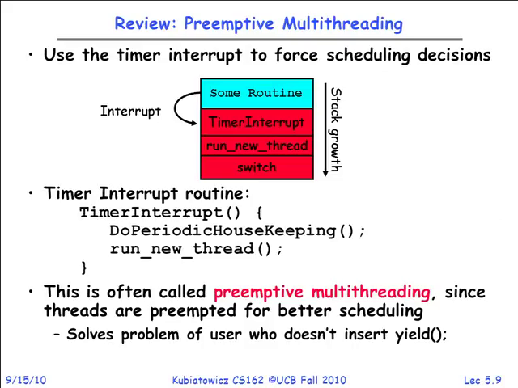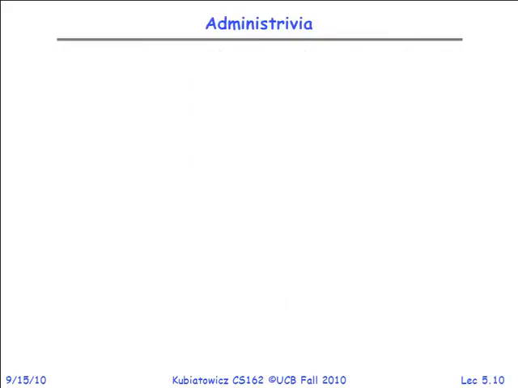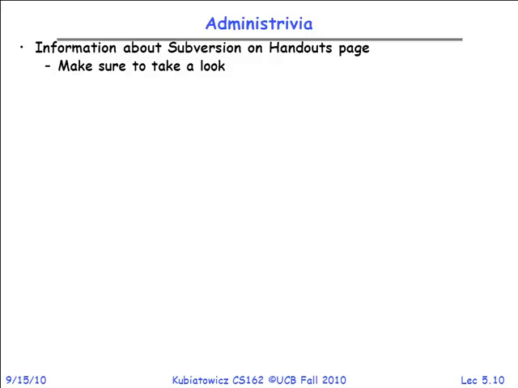Good. So, administrivia. I mentioned last time information about Subversion on the handouts page. How many people have actually tried to use Subversion? Does it work? Good, good. Glad to hear. Every other term, we have some weird problem with the Subversion server, so I'm glad to hear it actually works.